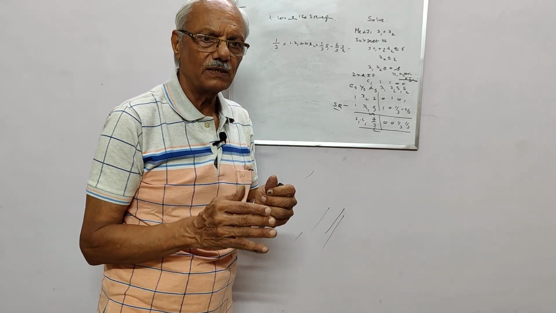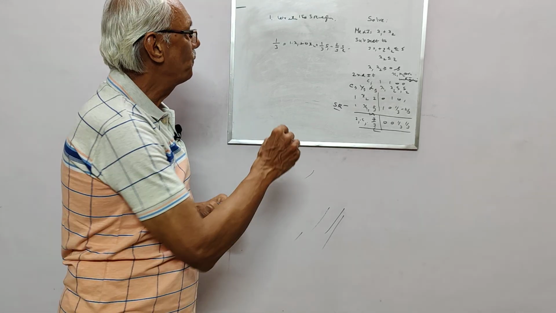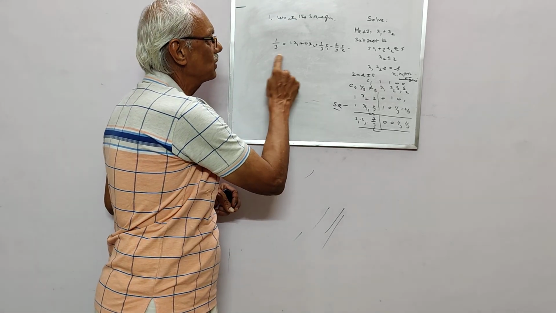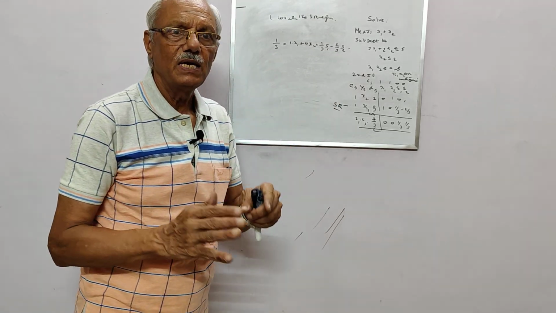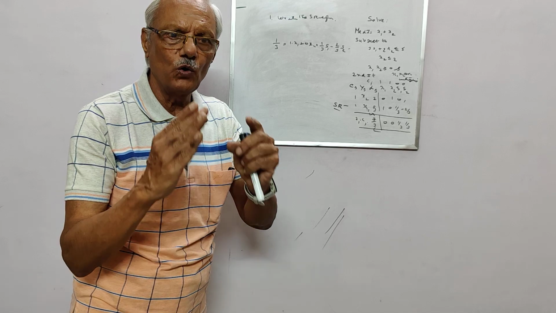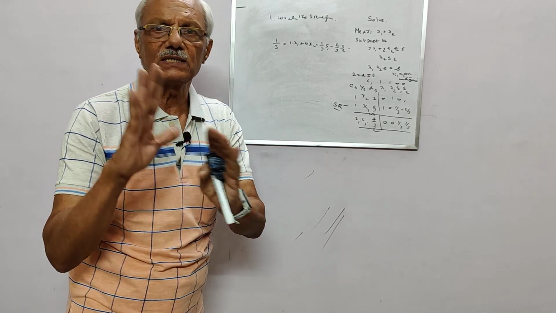After writing this, you see the coefficients of all the variables on the right hand side. Every coefficient must be written as an integer plus a fraction.